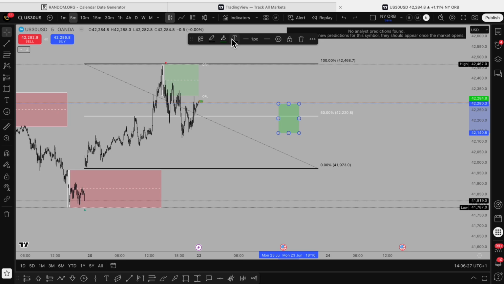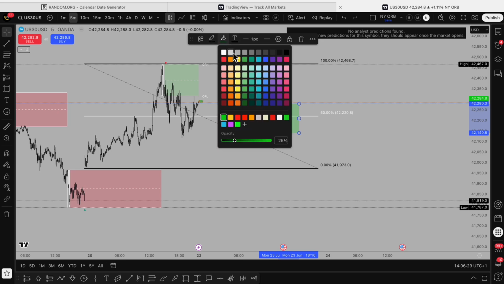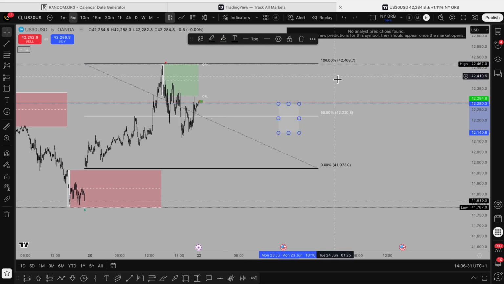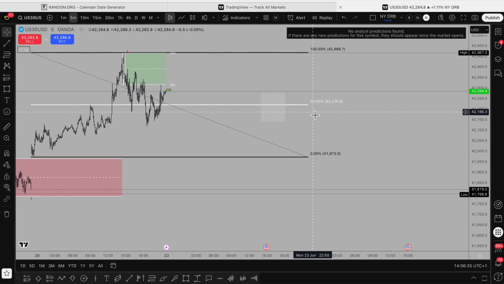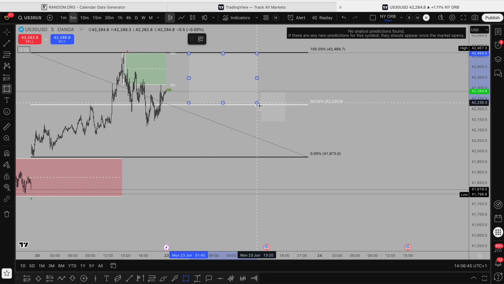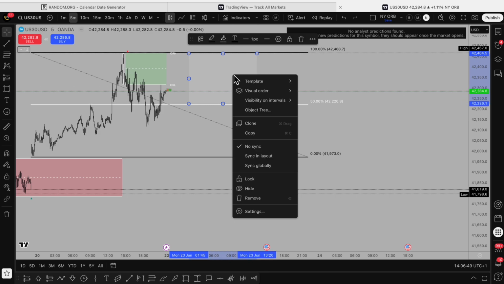So we'll just change the colour here to grey. Now, what we're going to do next is very important. We take our rectangle tool, and from this 100 area down to this 50 area, we draw a rectangle.